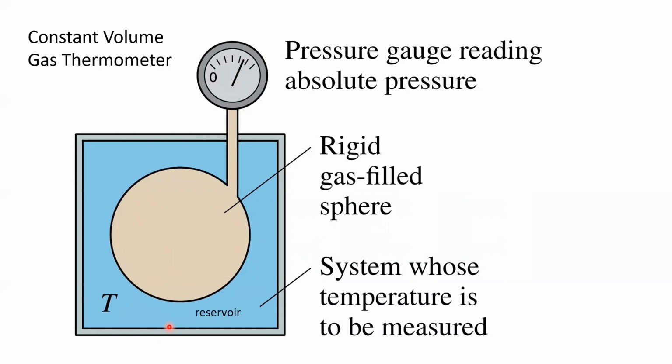And I believe we have a few of these in our stockroom, but unfortunately we won't be seeing those this semester for obvious reasons. And I should point out here, the pressure gauge reads absolute pressure.